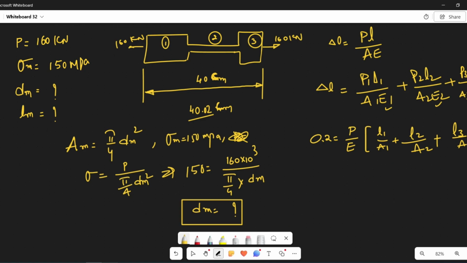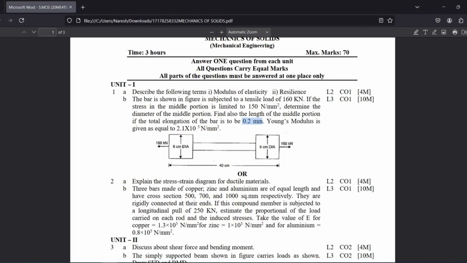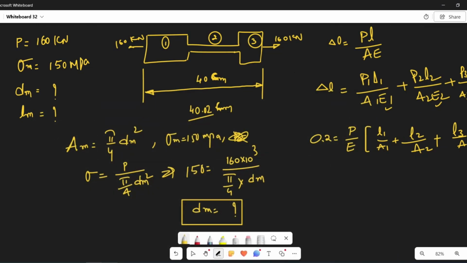The total length is 40. The length of the middle portion is the unknown that we have to find.